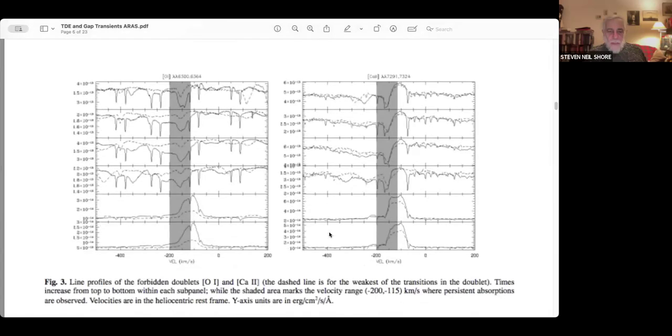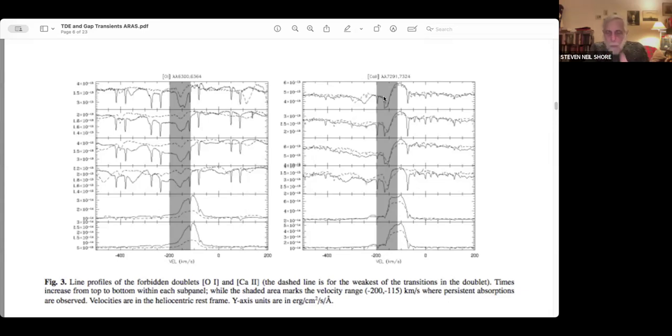This is the sequence immediately after the peak of a couple of the lines from this star: on the left is the O I 6300, and on the right, the calcium II 7291, both of which are forbidden transitions, and both of which indicate the presence of very low density gas and moderately low ionization.